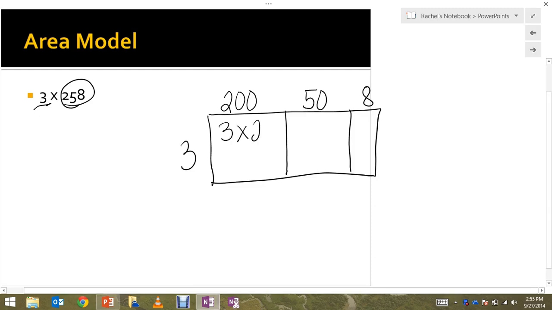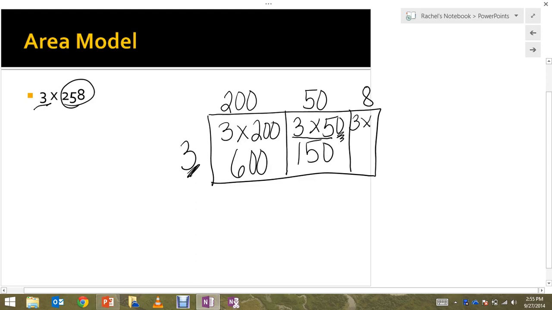For this first smaller product, students would get 600 because they're multiplying 3 by 200. The second smaller product would be 150 because 3 times 5 is 15. And they've been looking at patterns with zeros and just adding 1 zero.